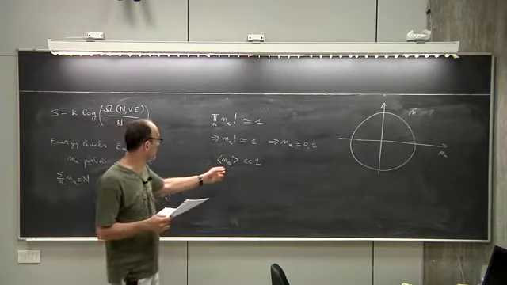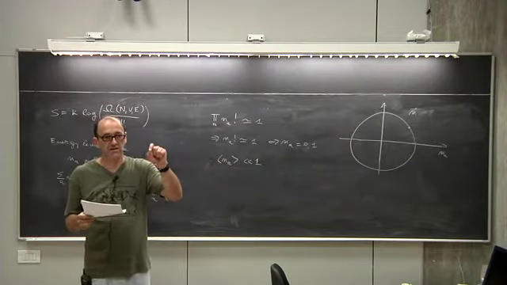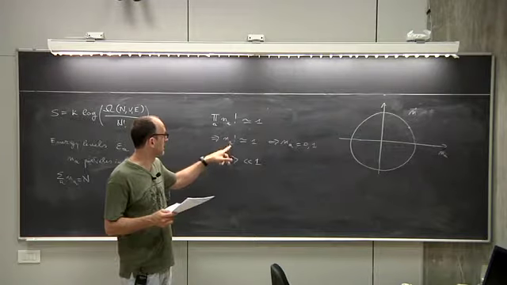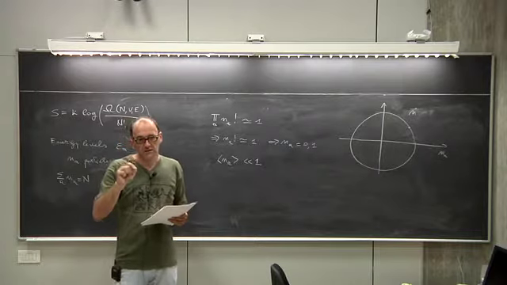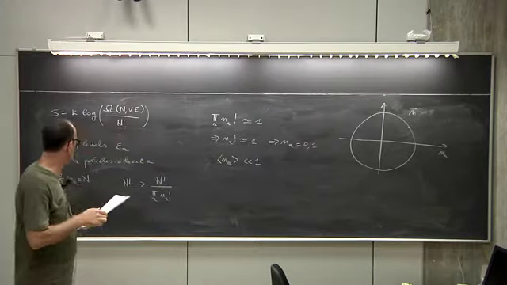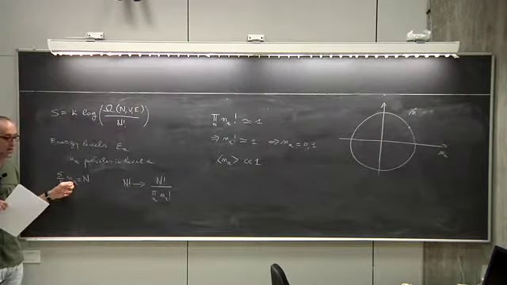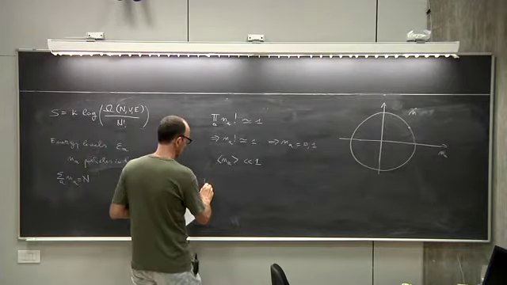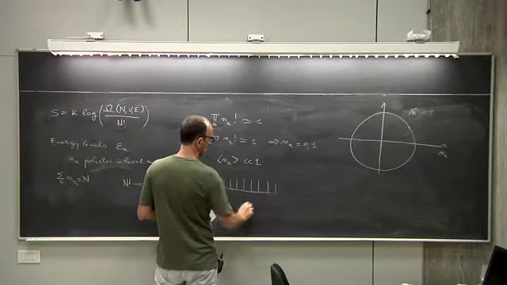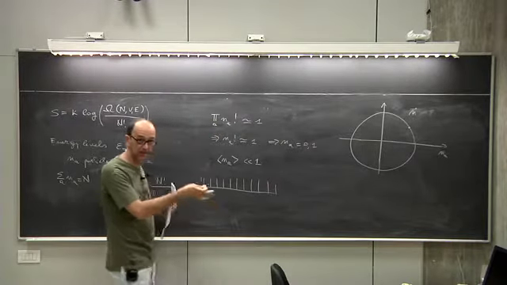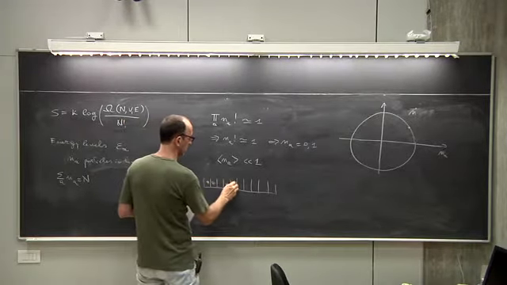So in each microstate this will be a different number. For each microstate you will have a different set of these numbers. Okay, so you can think of boxes. The boxes are the energy levels, and then you have to distribute the particles.